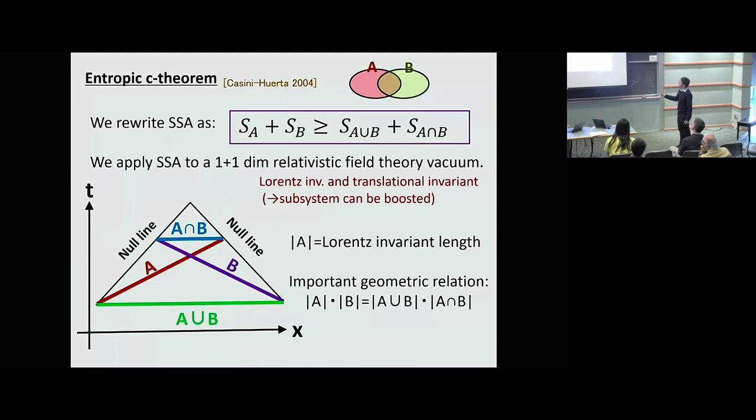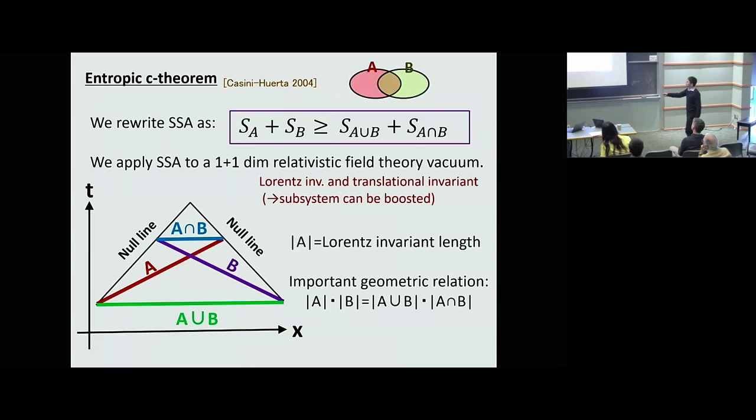The Lorentz invariance allows us to boost the subsystem. This is time and space, and we can define the Hilbert space decomposition on this region, and also this region, but we can slightly boost the subsystem. We call this A, and this is B. This 45-degree tilted line is a null line, a light-like direction.